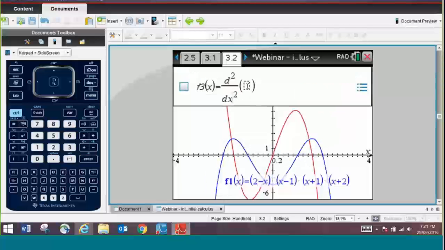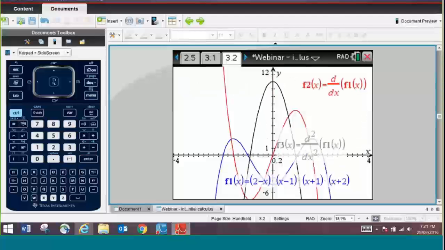So with respect to x, and once again f1 of x. Now just a point of note, you can't actually do the derivative of the derivative. That doesn't seem to work, but you can certainly get the second derivative there.